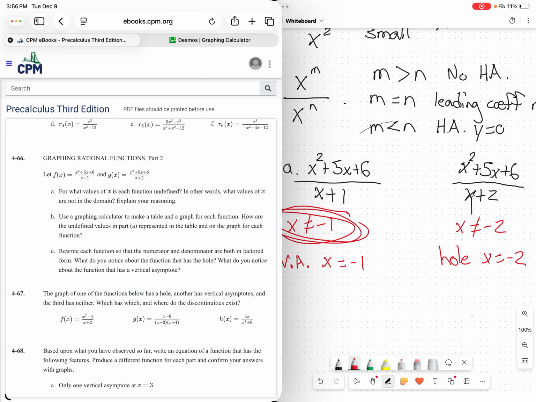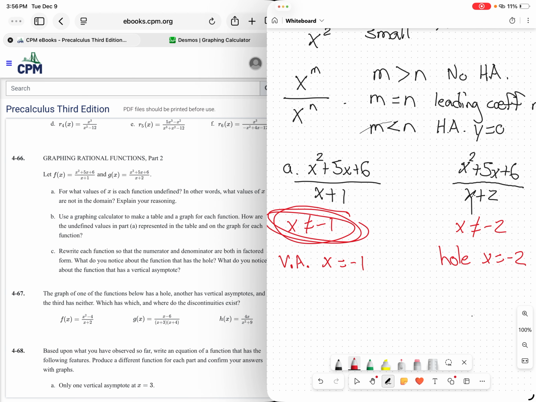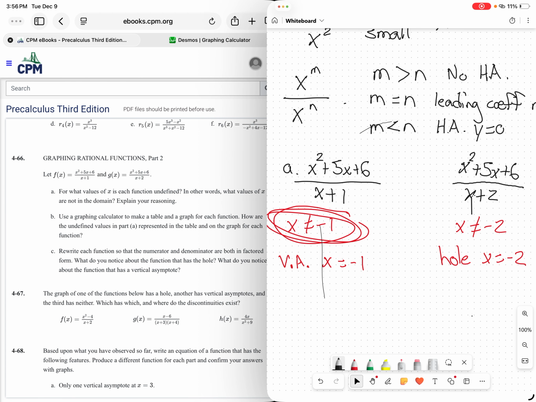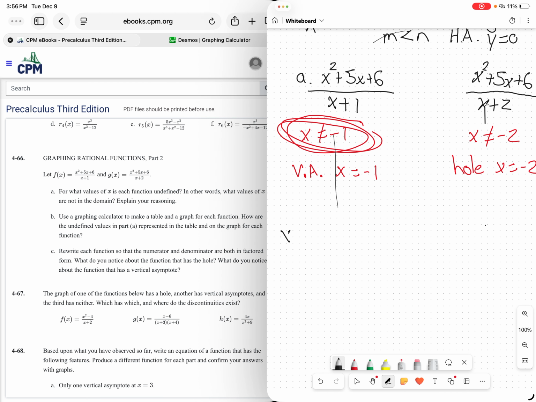So now it says rewrite the function so the numerator and the denominator are both in factored form. So if we do this and we divide this out like we've been doing, right? So x plus 1, and we divide it out. You could do it the other way, I'm just doing it by long division. But so x, we have x squared plus 1x.